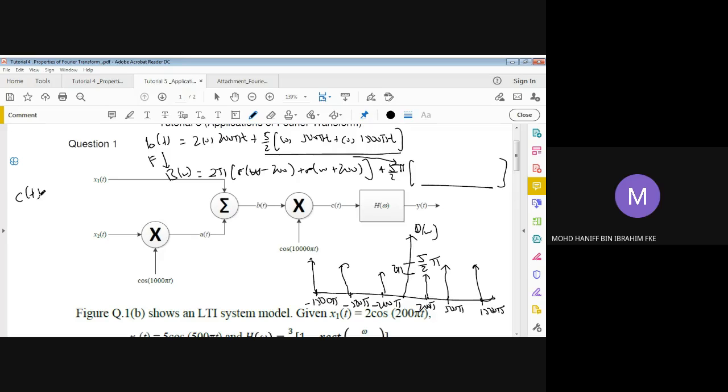CT will equals to BT multiplied, okay, going to have 2 cos 200 pi t plus 5 over 2 cos 500 pi t, okay, plus cos 1500 pi t, and all of these need to be multiplied with cosine of 10,000 pi t.